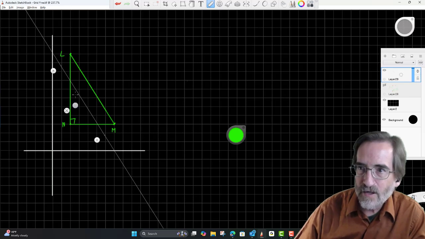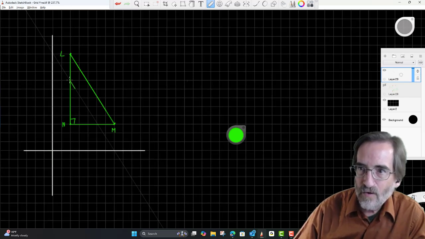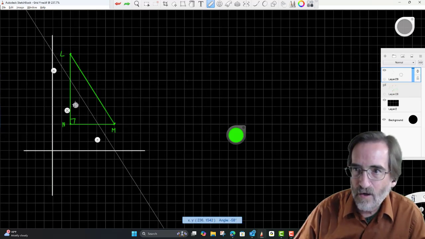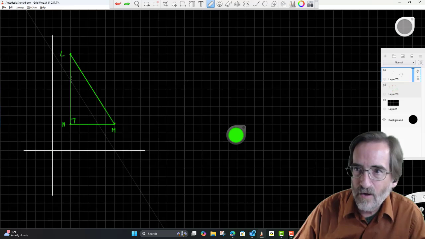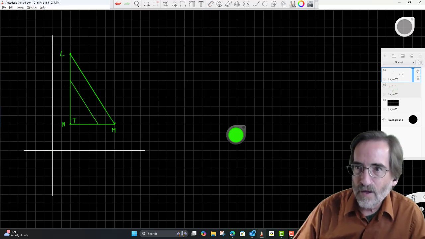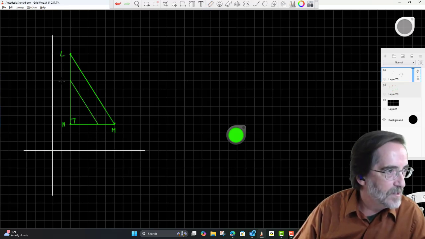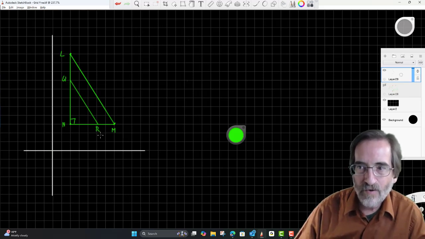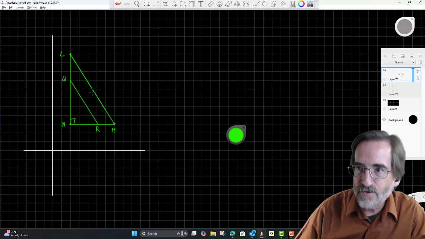And I'm going to make it go right here and right here. And where LN has point Q, and MN has point R. There we go. So these are drawn so that they are parallel.